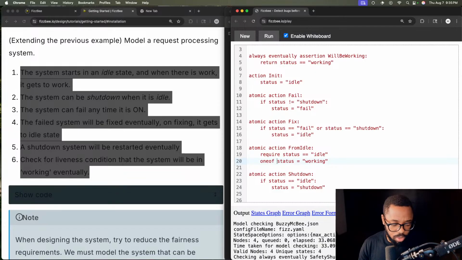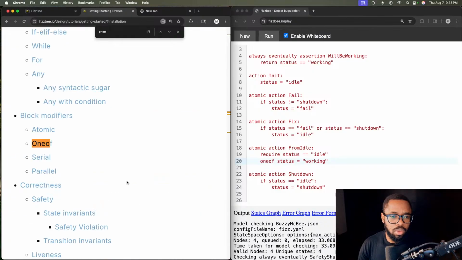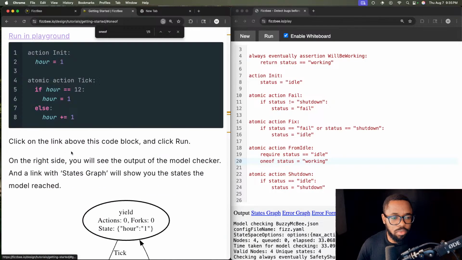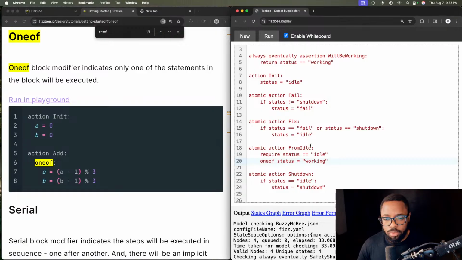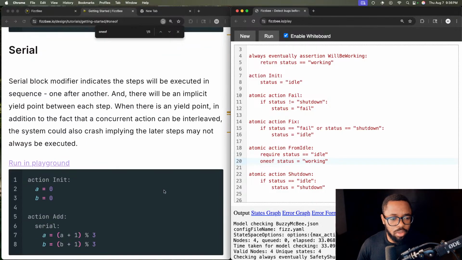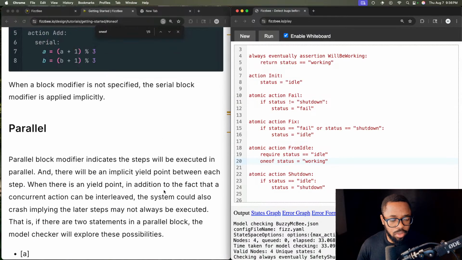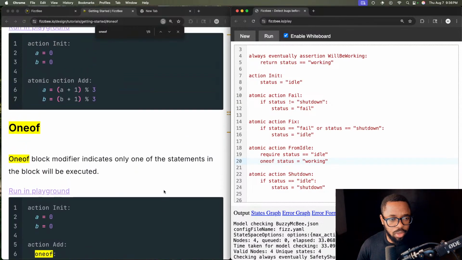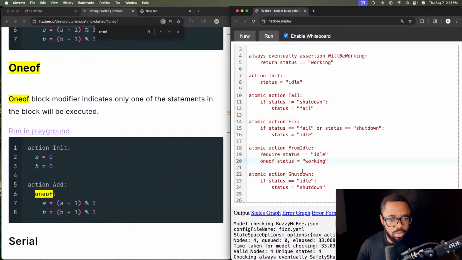Shoot, I think I forgot the notation for one-off. One-off. Okay, so it's a block. Is it one of those where I can add it as a modifier at the action level or not? Okay.